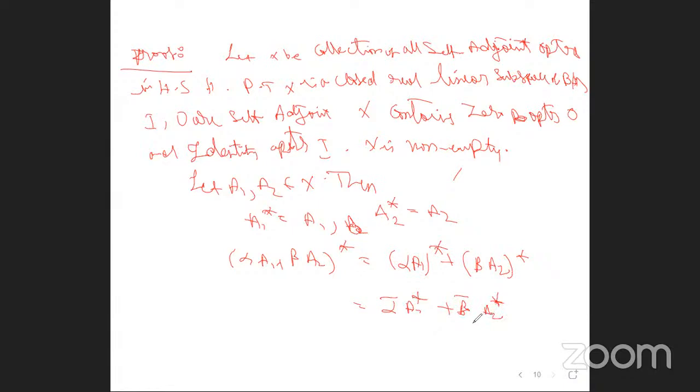Here alpha and beta are real, and A1, A2 are self-adjoint.